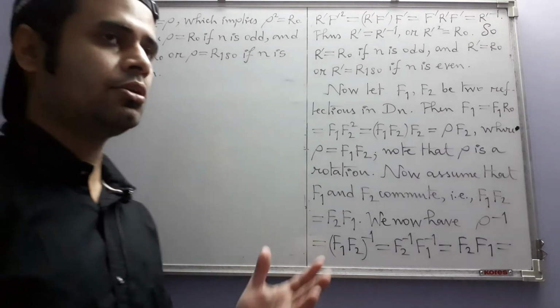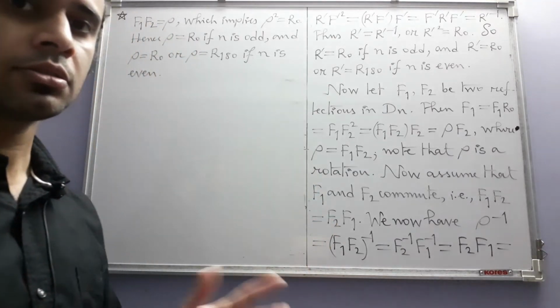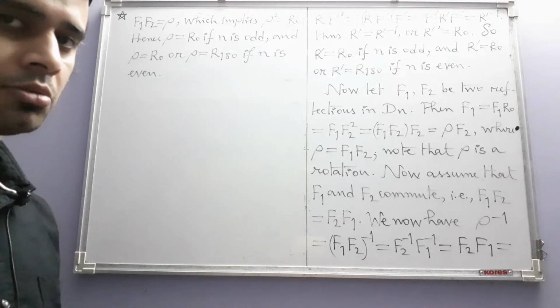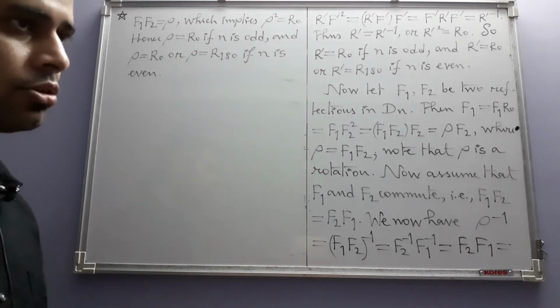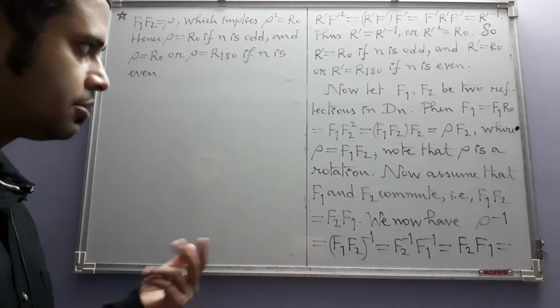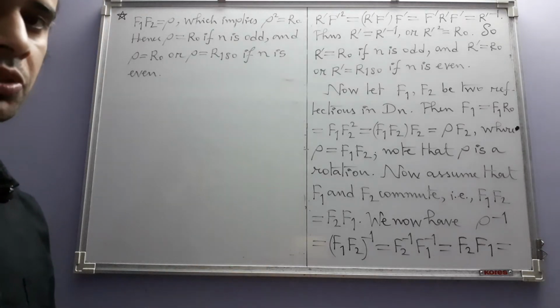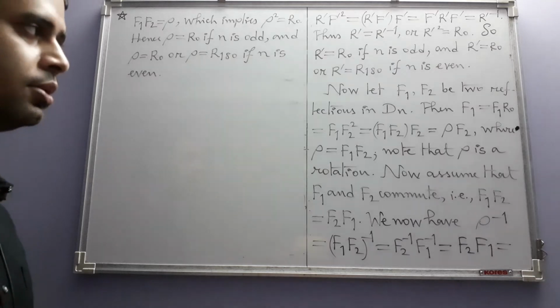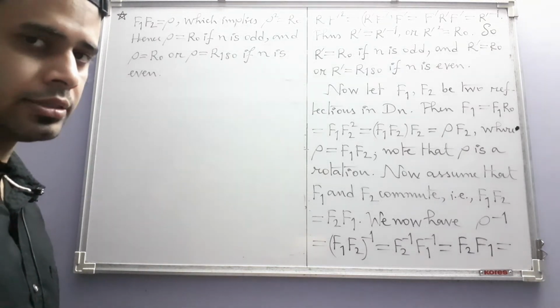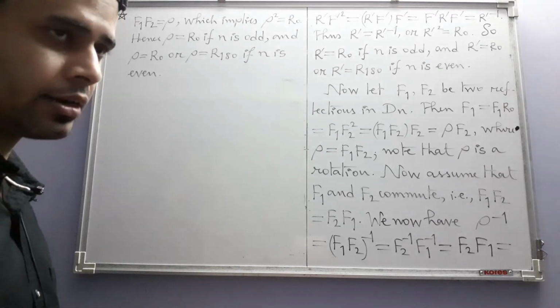Okay, so now we know which rotations commute with each other. In fact, any two rotations commute with each other. Which rotations commute with which reflection, and which two reflections commute with each other. All these things we now know. So now we should be able to determine the centralizers exactly.